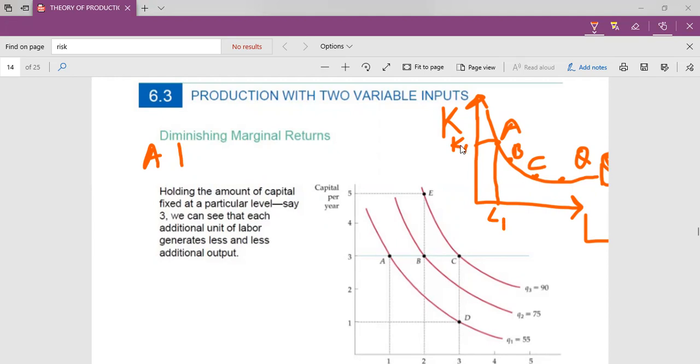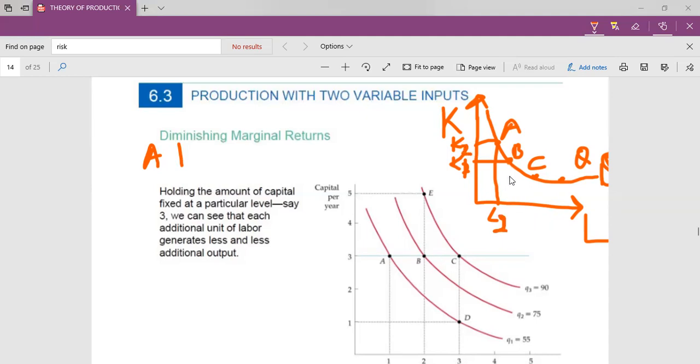Another one you can use maybe one machine and one laborer employed. Then here you can have maybe two machines. I'm just assuming. Let me say this is one, this is two. So this is L2.